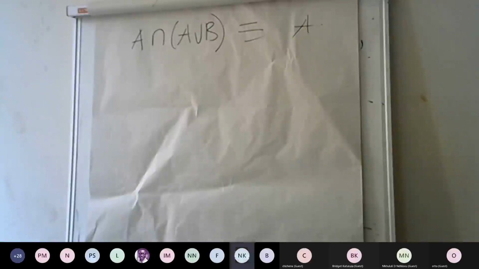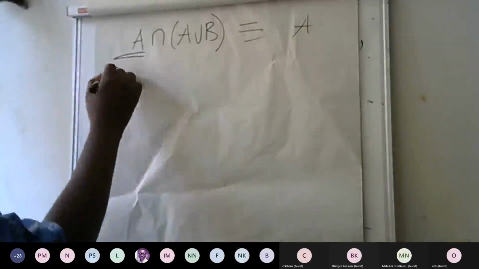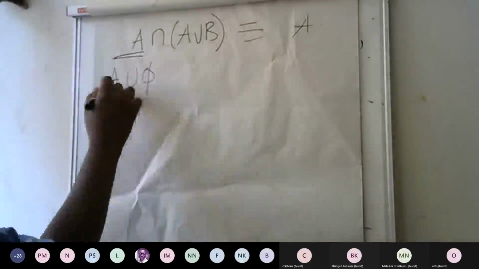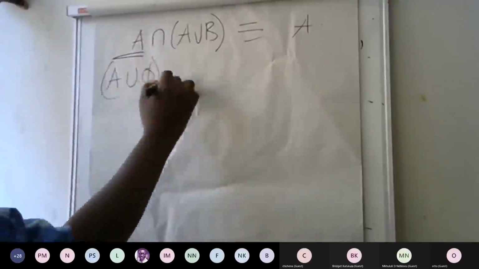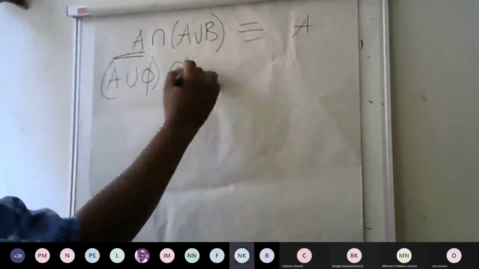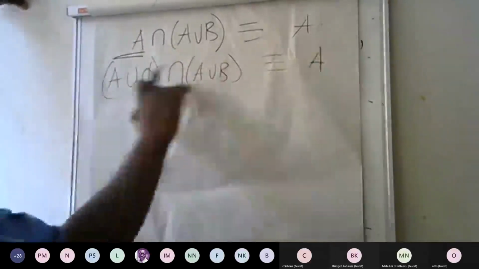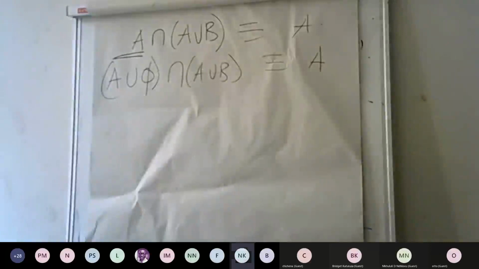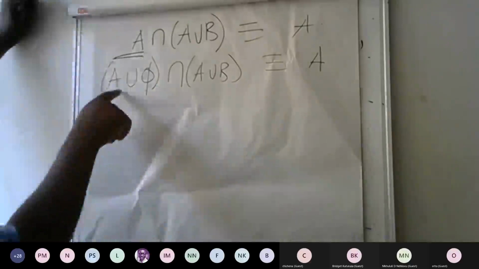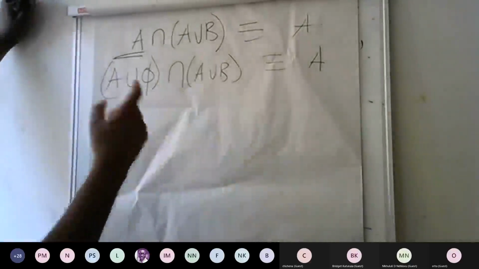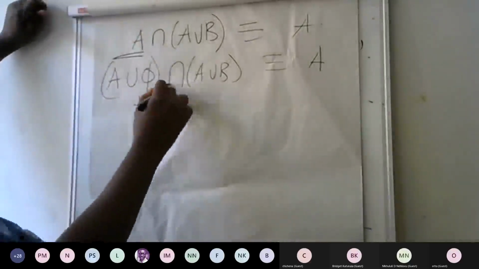So on this part, I can say A union an empty set. I think this is still A. Intersection, this A, A union B. This one should be equivalent to A. What I've done is just introduce an intelligent empty set, but it does not change the meaning of the problem, because A union the empty set is still A. So by the distributive law, I can factor out A union.